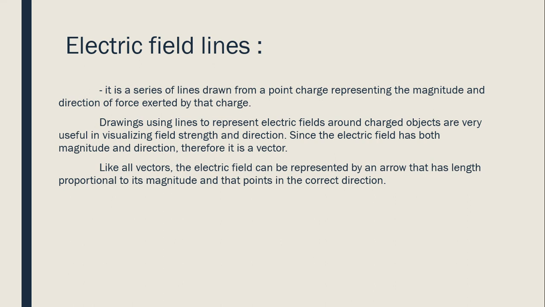If you still remember, a scalar quantity cannot be represented by an arrow because it doesn't have direction. Only a vector quantity can be represented by an arrow.